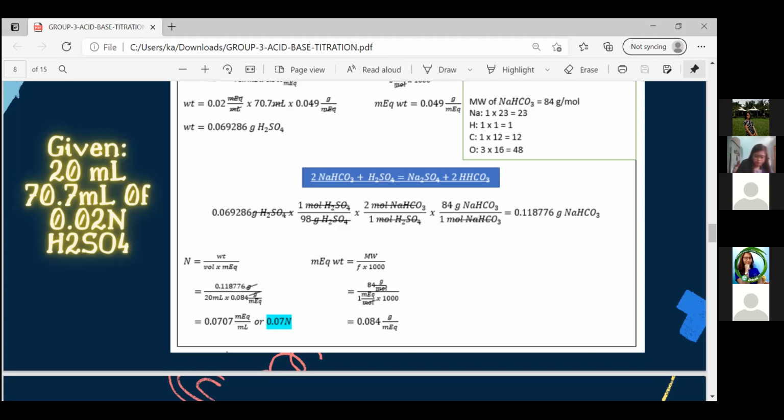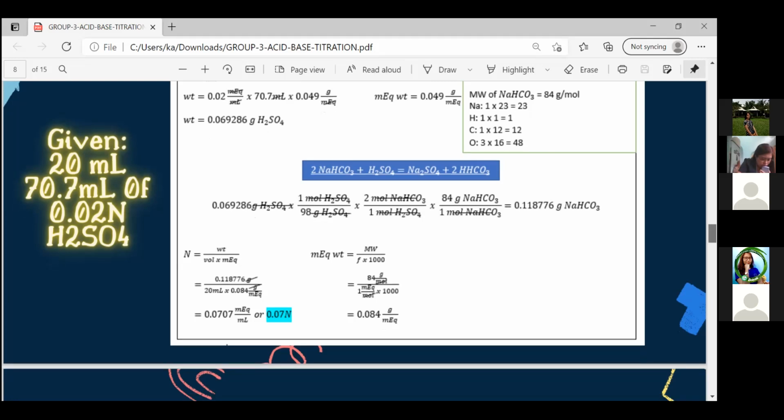So we have 1 H times 1,000, 0.084 grams per MEQ. So 0.11876 grams over 20 ml times 0.084 grams per MEQ, we have 0.0707 MEQ per ml, or 0.07 normality.